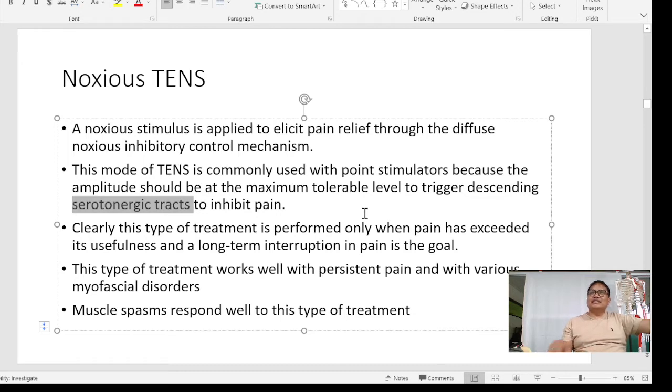Myofascial means it is in your fascia. So it is used for a person with myofascial pain syndrome. Usually the electrode is applied to the area where you find the knot or nodules. That is the muscle spasm.